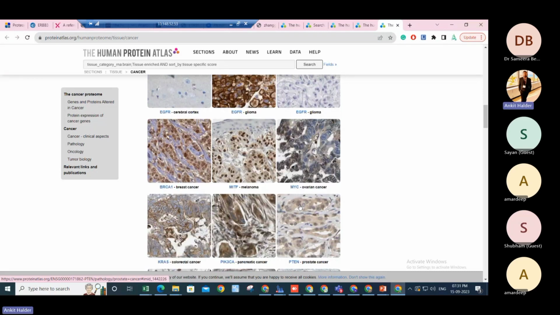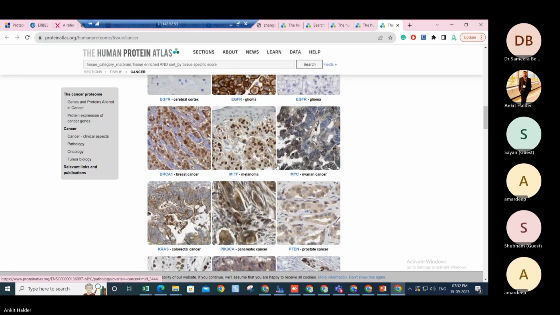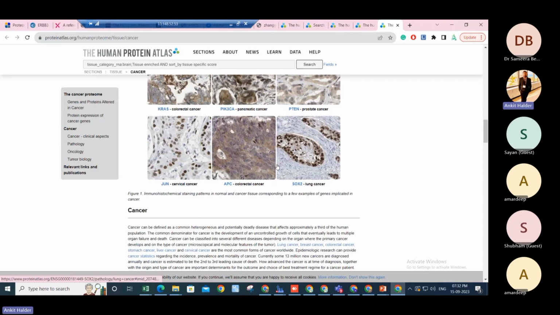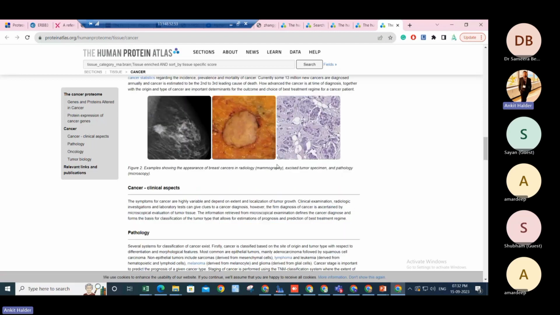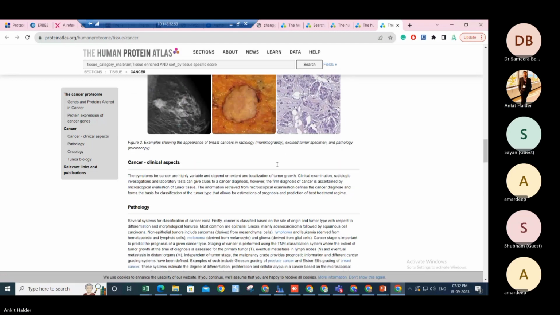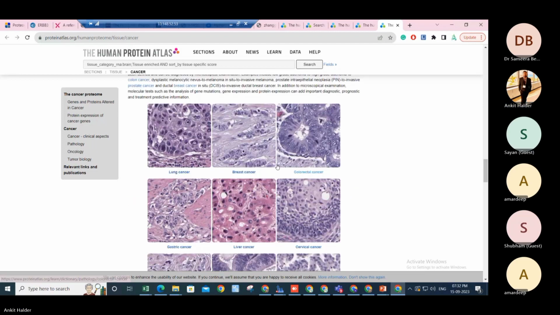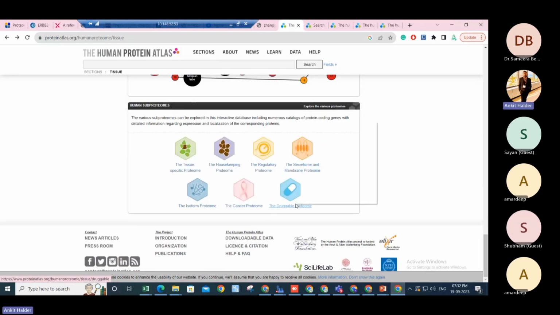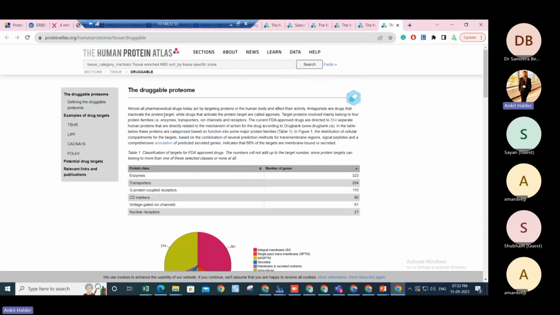This is EGFR. As I was mentioning, EGFR in the cerebral cortex and in the glioma, RAS, JUN. All these things, and your druggable proteome.